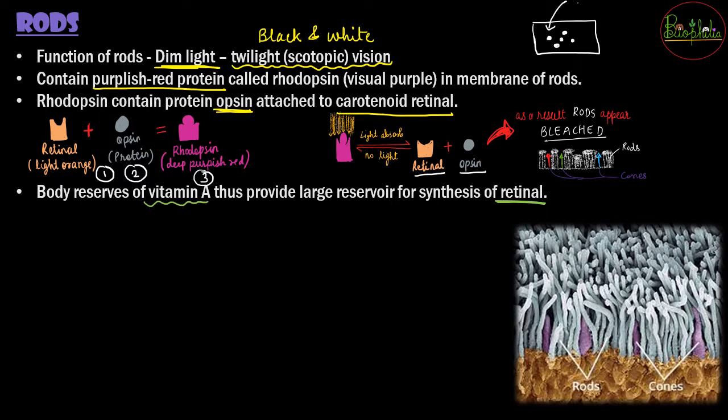So if you want to have vision, retinal is very important, and for retinal synthesis vitamin A is important. So vitamin A खाने की वजह से, that is the reason we say कि vitamin A contains, that is all the yellow fruits or vegetables, these are going to be rich in vitamin A, which will improve your eyesight. So that is the thing to be understood with vitamin A and vision relation.